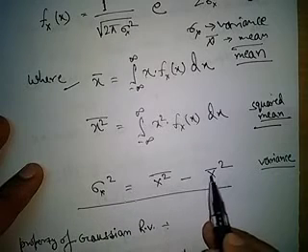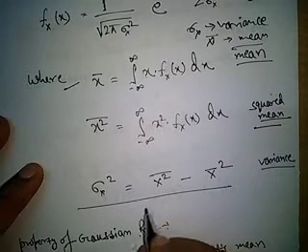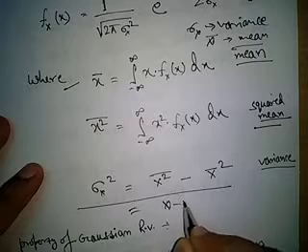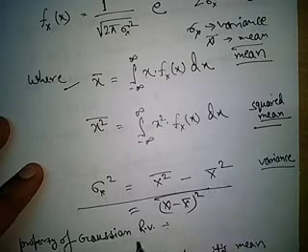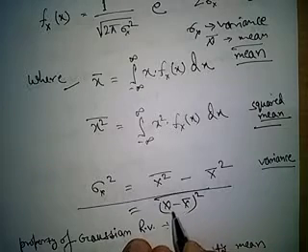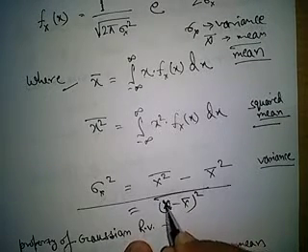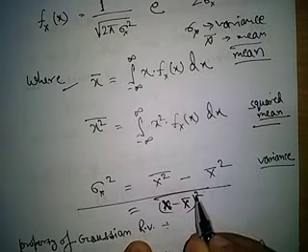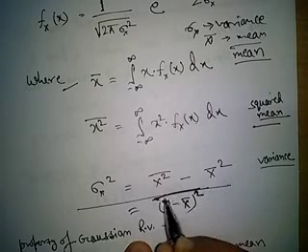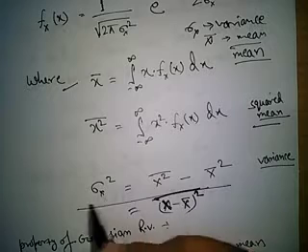And the variance will be calculated by this formula: mean of x square minus mean of x whole square, or it is actually the mean of (x minus mean x) whole square, you can say. Means how much the x function varies from its mean value, the square of that, the average of that, will give the variance.